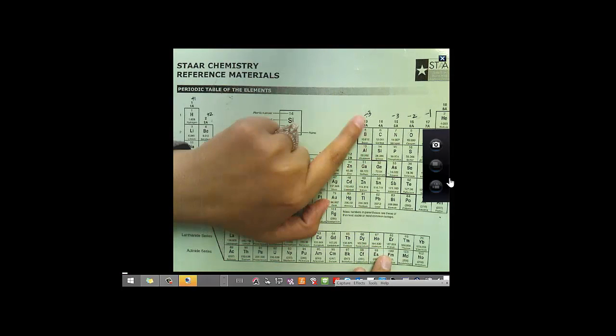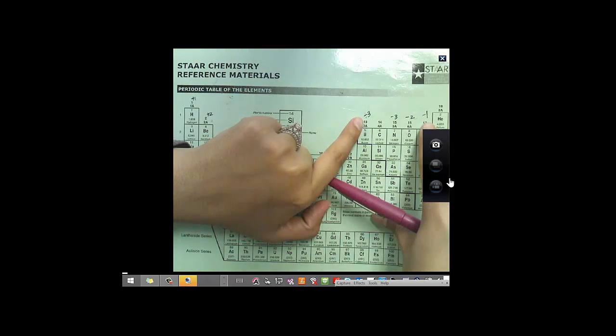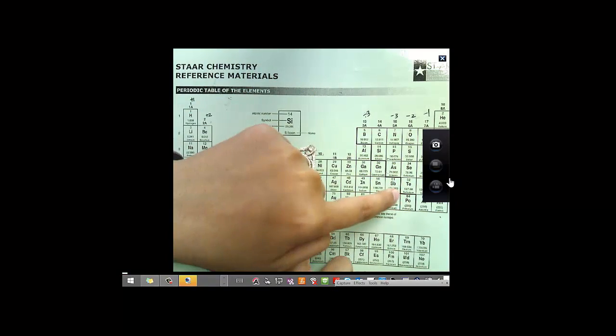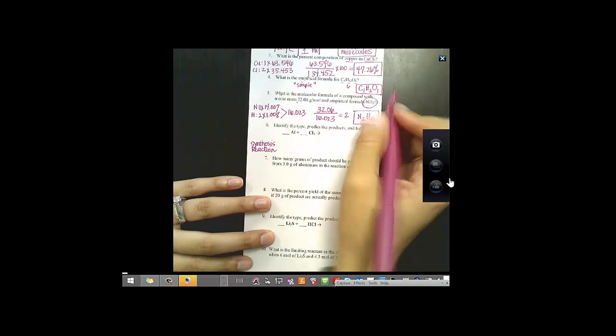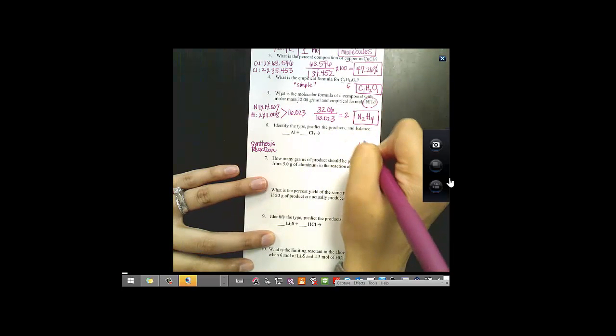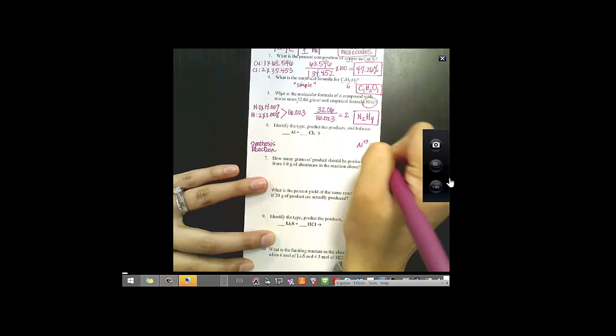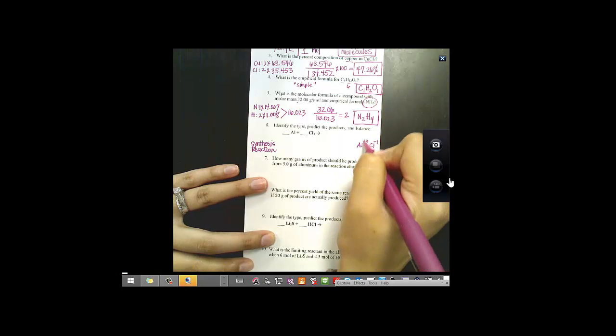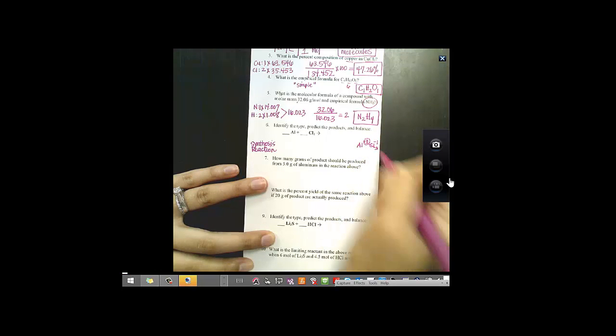Well, aluminum has a +3 charge. Chlorine has a -1 charge. And so we need to make a neutral compound, so we switch those two charges. So if we have aluminum with a +3 charge and chlorine has a -1 charge, this 3 is going to end up with chlorine and this 1 is going to end up with the aluminum.